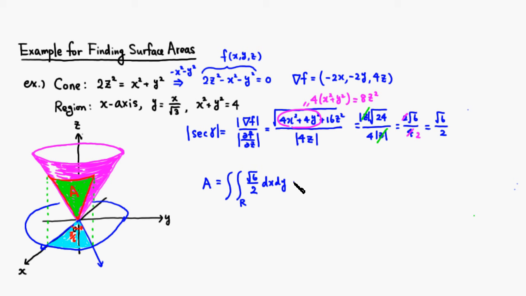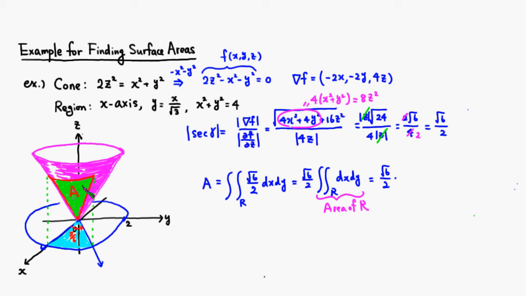Then we just take out the square root of 6 over 2, and the double integral over region R of dx dy is just the area of region R. So this is square root of 6 over 2 times the area of this region, where the radius is 2.